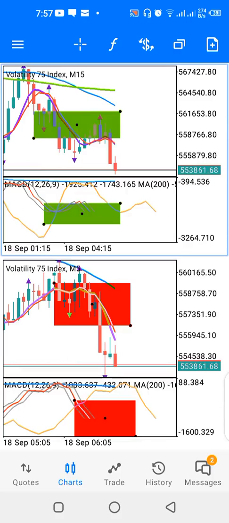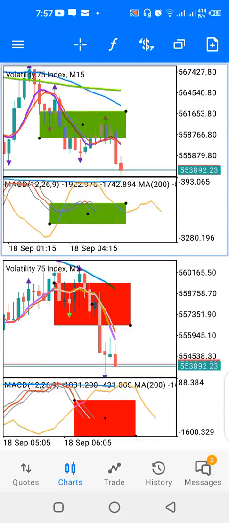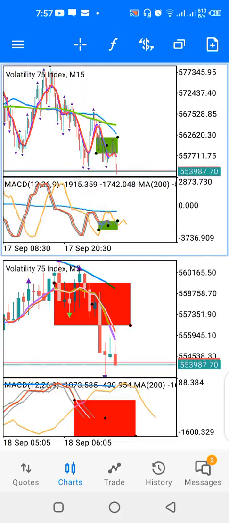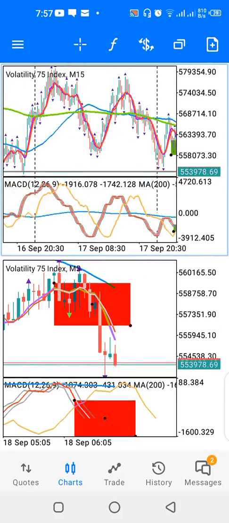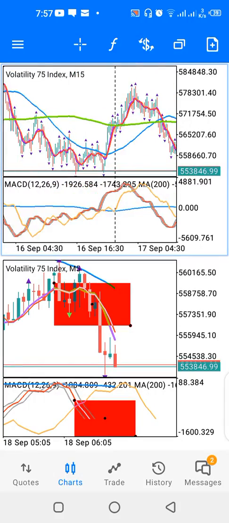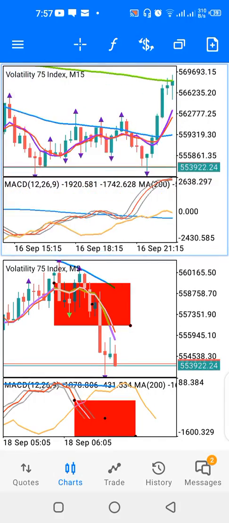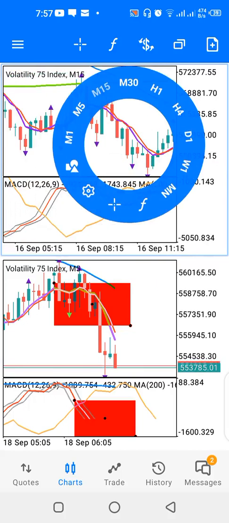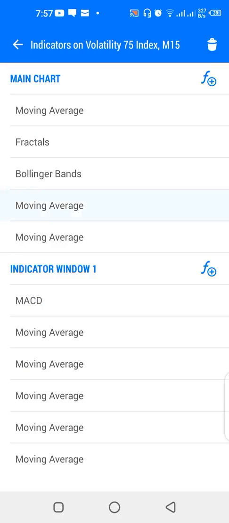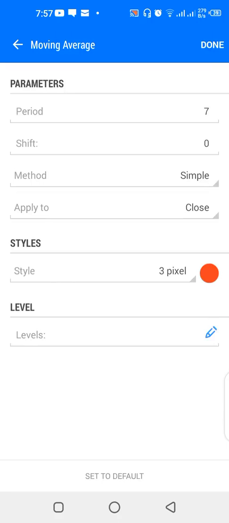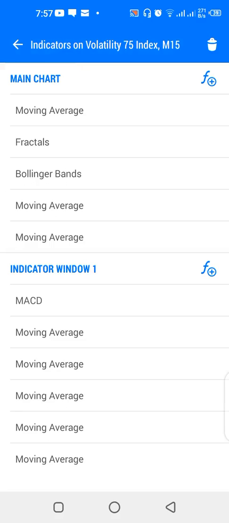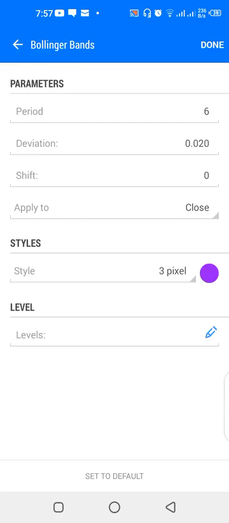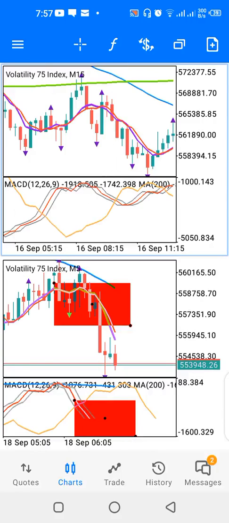For the main chart, if I zoom out, we have the red 7 and then the blue, which is 50. Of course, the Bollinger Band, the purple Bollinger line.